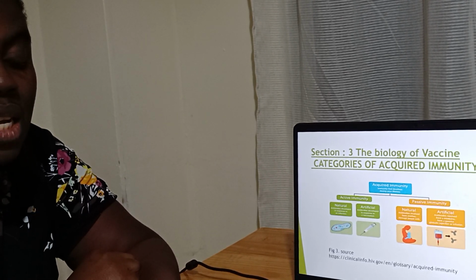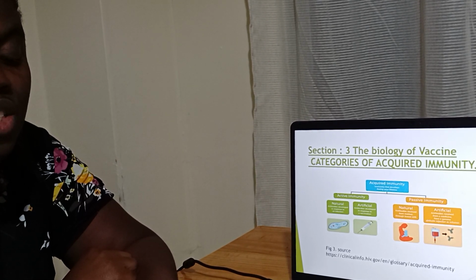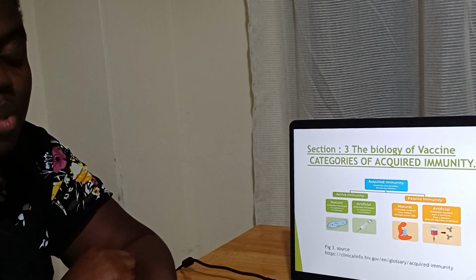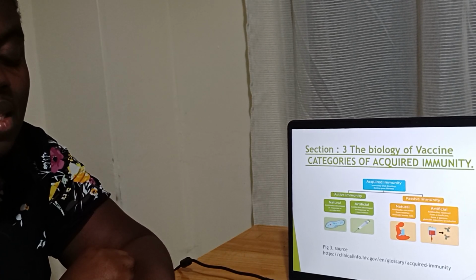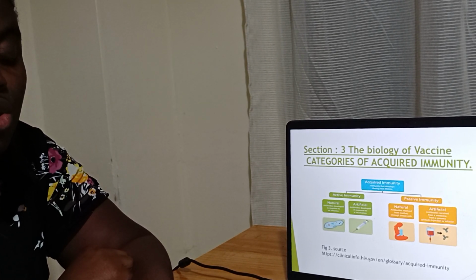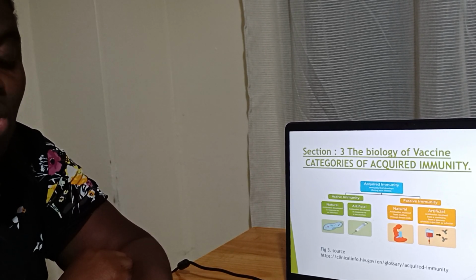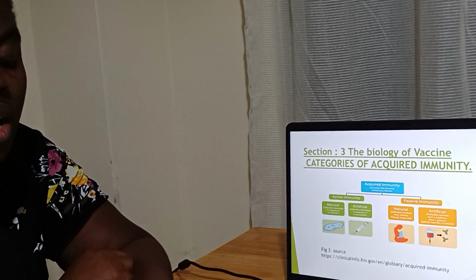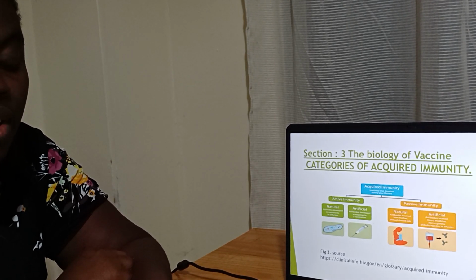In a population where many individuals are immune, chains of infection are likely to be disrupted, which stops or slows the spread of disease. The greater the proportion of individuals in a population who are immune, the smaller the probability that those who are not immune will encounter an infection.